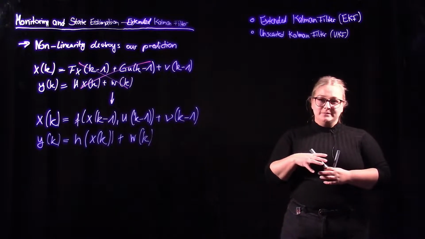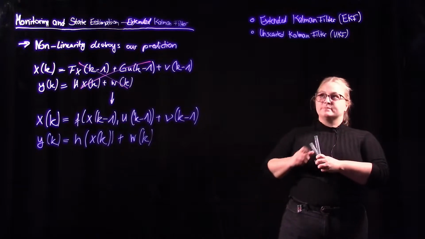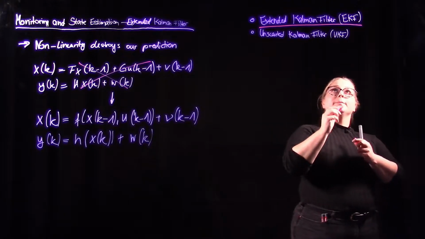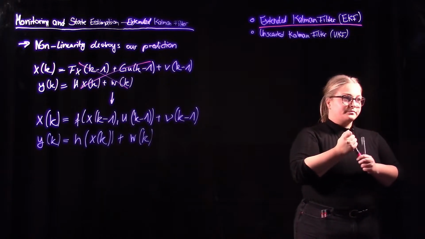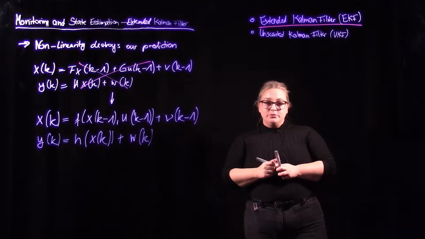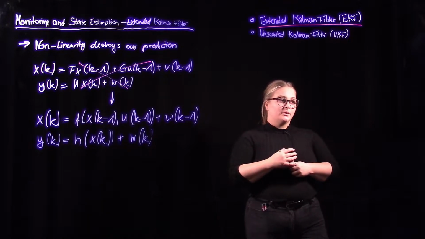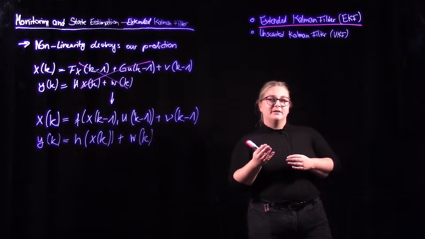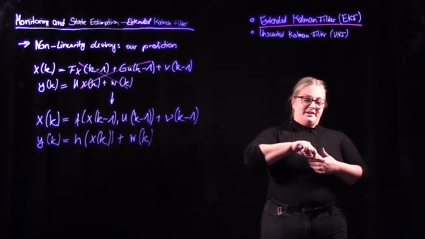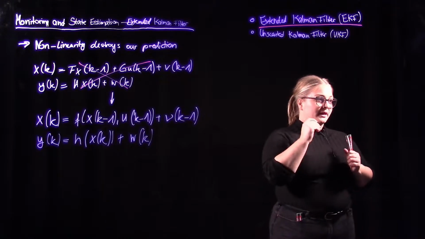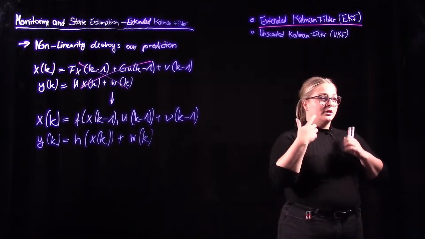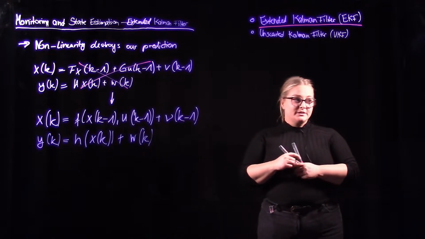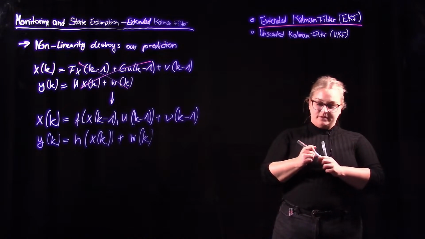For the extended Kalman filter, the one we will be talking about now, with this method we try to approximate our estimation and linearize it around our mean and the current prediction value. For this, we use two tools.